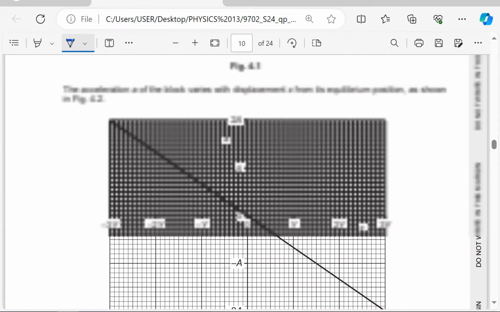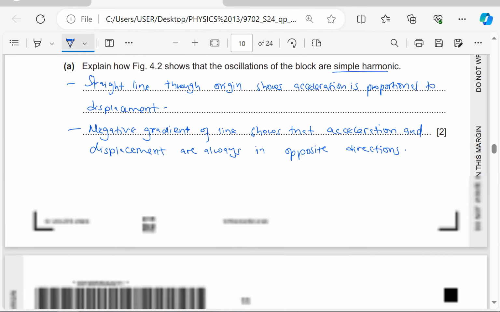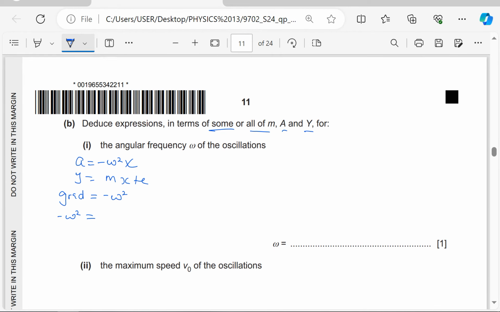I'll just take one part of this graph. Let me take this part here. Here we have 2a, and here we have negative 3y, minus 0. So the gradient is going to be 2a minus 0 divided by negative 3y minus 0, which is equal to negative 2a over 3y.